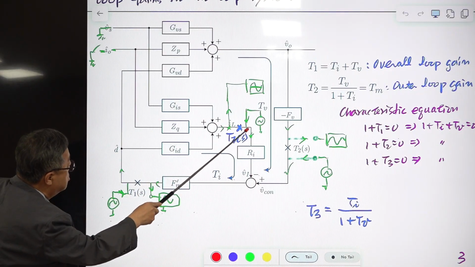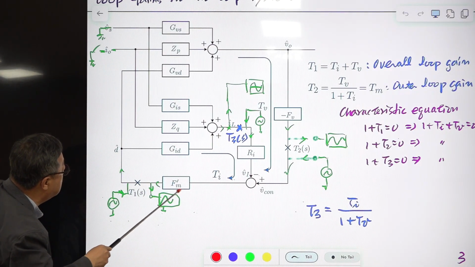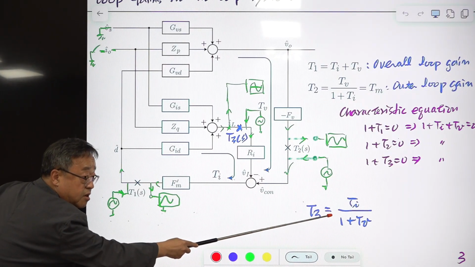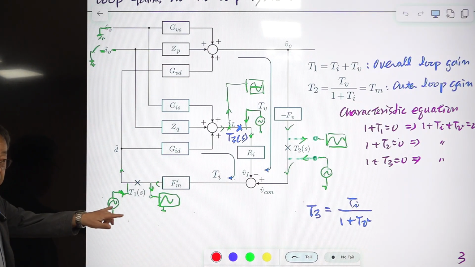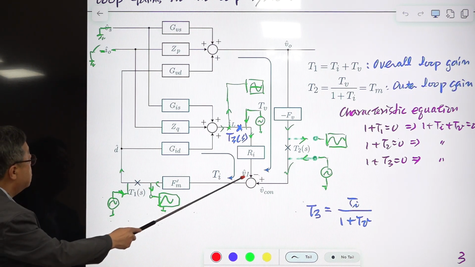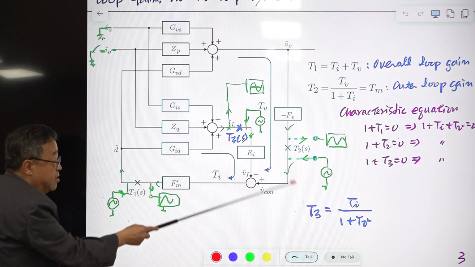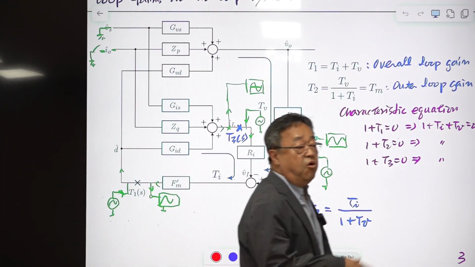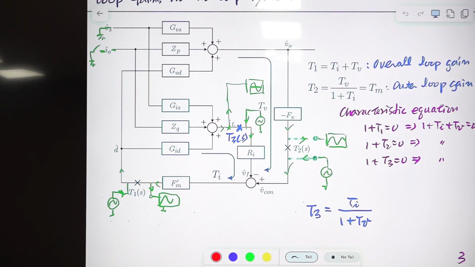The excitation is coming in and coming out here, and multiplication of this is Ti. And the denominator is 1 plus loop gain of the loop. There is 1 loop here. Then this is the T3. So in this 2 loop system, there are 3 loop gains that can be defined.